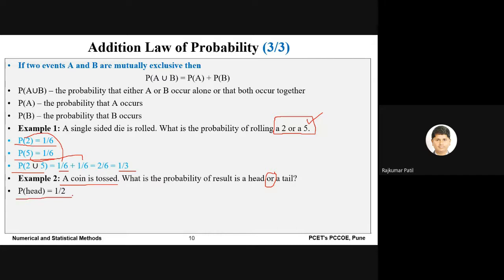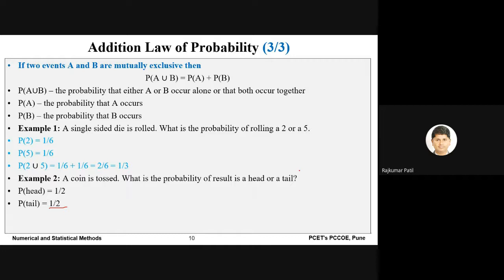When we toss a coin, we get an outcome of either head or tail, so the total outcomes will be 2, and we are interested in head, so the favorable event is 1. So the probability of getting a head is 1 by 2. Similarly, the probability of getting a tail is also 1 by 2.